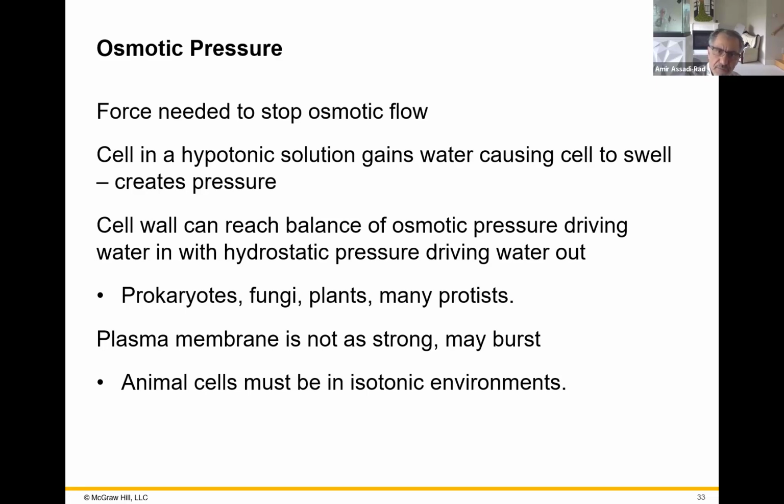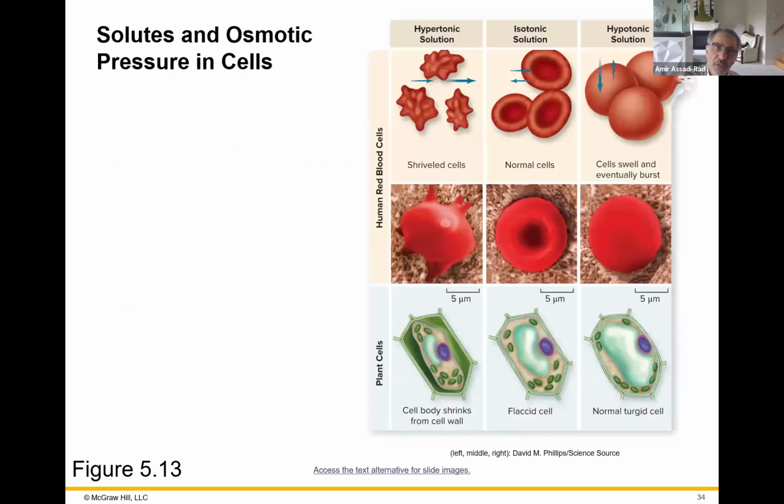So prokaryotes, fungi, plants, and many protists do use that osmotic pressure. Plasma membrane is not strong and may burst, so animal cell must be in isotonic environment, but they are not. They have a system to, in case of protista, they have a system to get rid of the excess water, which I did talk about.